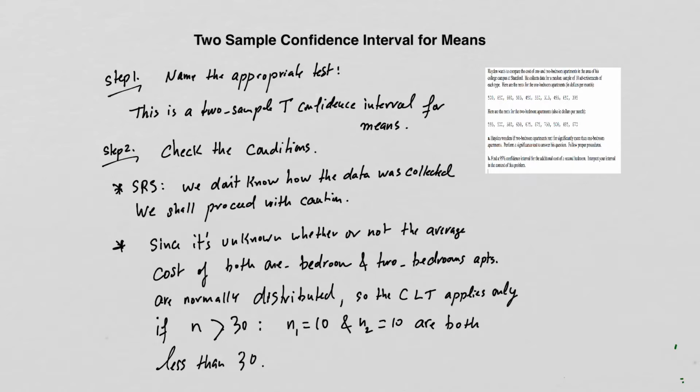We don't know anything about the parent distribution, which is all the two-bedroom and all the one-bedroom apartments at the college campus at Stanford. So we require that the sample size be at least 30, and we don't have that. N1 and N2 are both less than 30. So that was one problem.